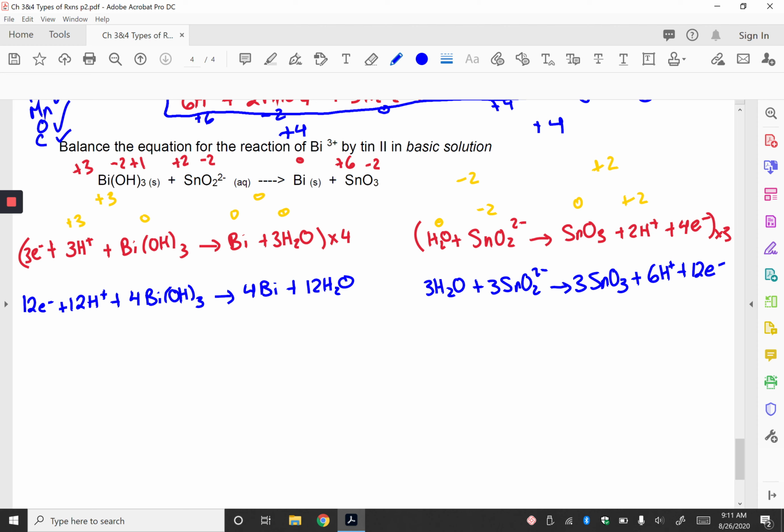The next step, step 7, says combine both reactions together to make it into one and cancel any like terms. So I'm going to put all my reactants on one side, then an arrow, and then put all my products on the other side.